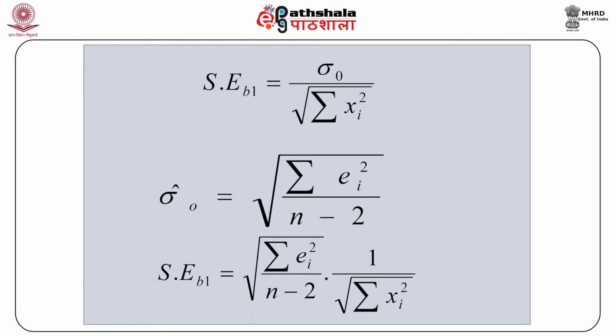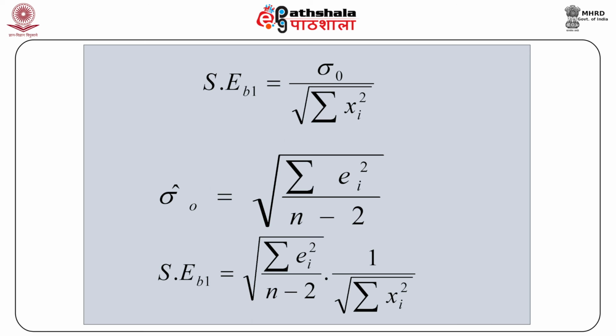This is because for the null hypothesis beta 1 is equal to 0, the t statistic is given by t(beta 1) is equal to b1 upon SE(b1). We know that SE(b1) is equal to sigma naught upon the square root of sigma xi square. Since population sigma is unknown, it is best approximated by its unbiased estimator, sigma naught, which is equal to the square root of sigma ei square upon n minus 2.